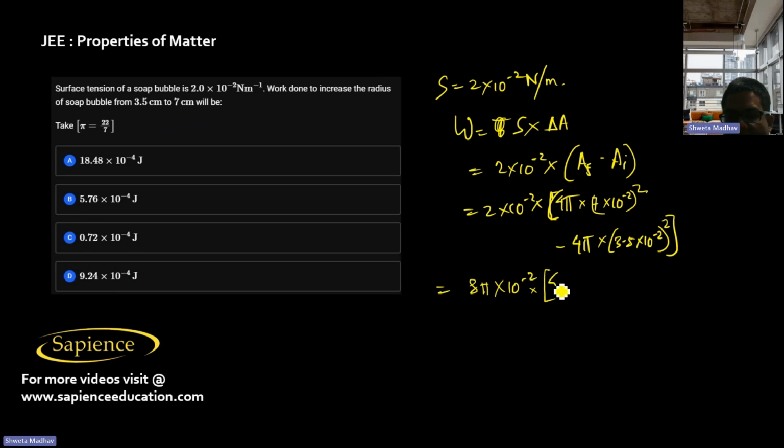This will be 49 into 10 power minus 4, minus 49 by 4 into 10 power minus 4.